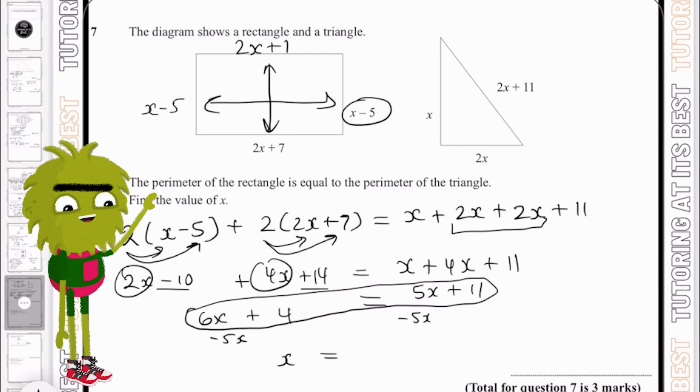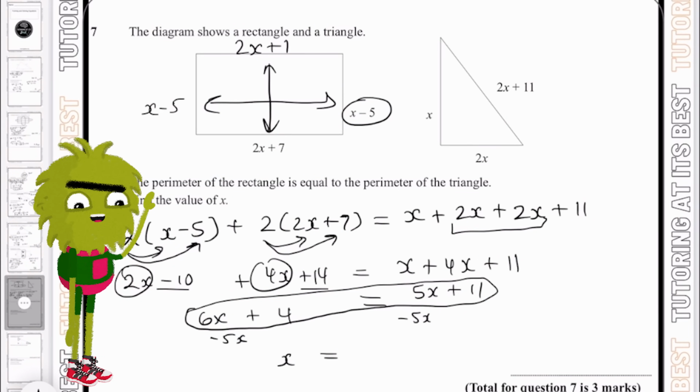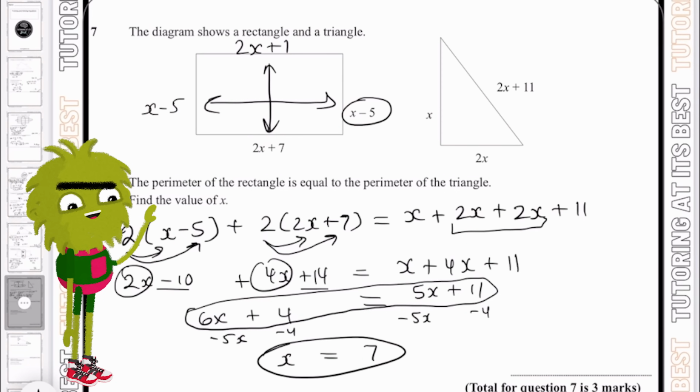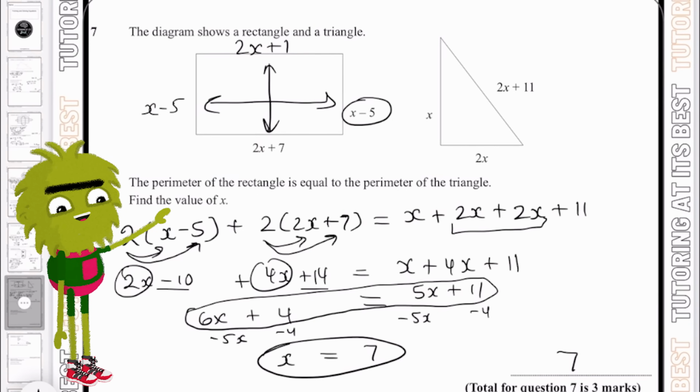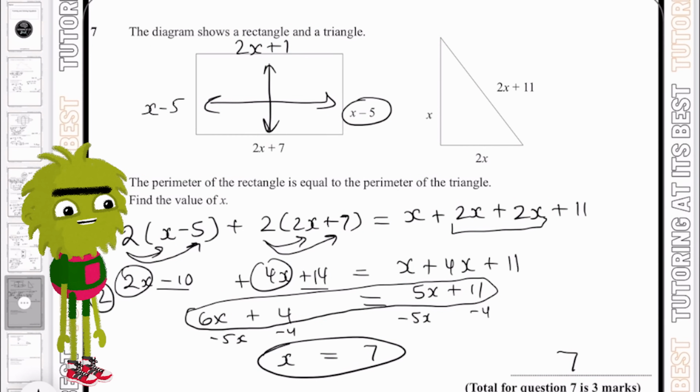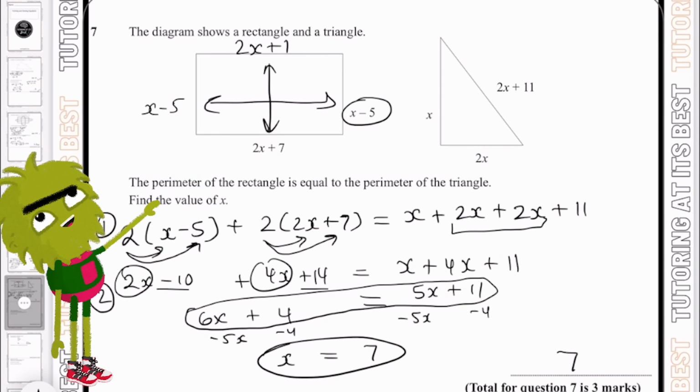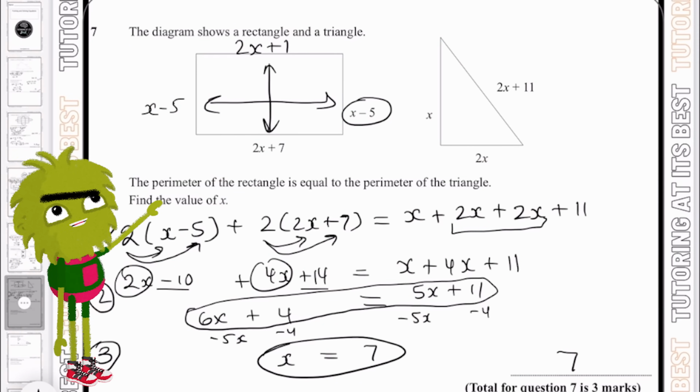So we'll have x equals, and then we'll have minus 4 on both sides. So x equals 7. And there we are. Our value of x is equal to 7. Marvelous. So step 1, expand your brackets. Step 2, simplify your equation before step 3, going ahead and isolating x and making it the subject.